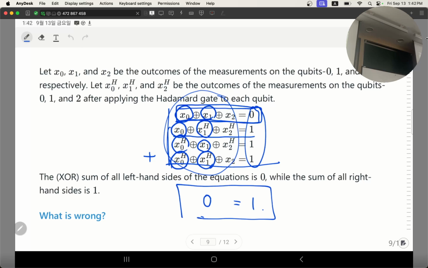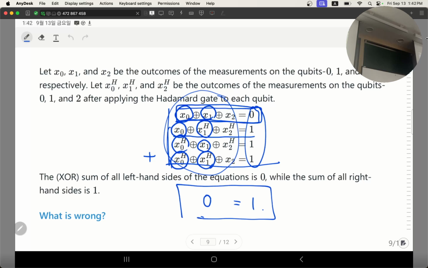However, in quantum computing, quantum mechanics, they are not the same x0. So probably the problem is there is no such thing as x0. You cannot imagine your outcome as a single variable. That's what causes the contradiction.